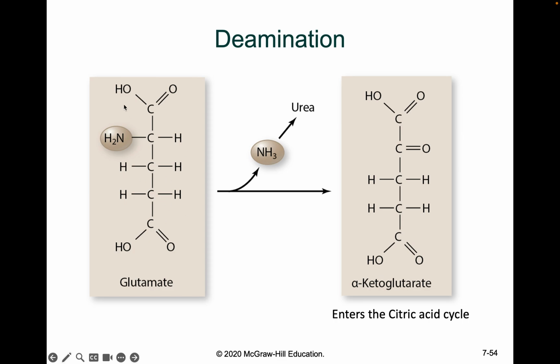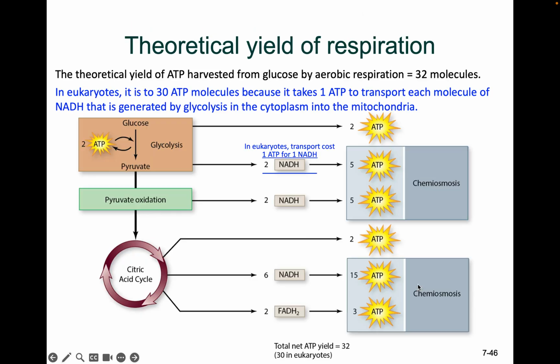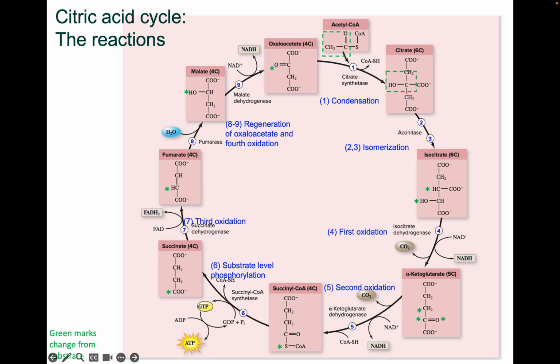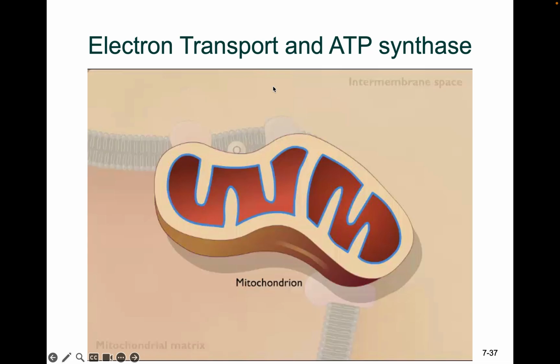For example, glutamate: if we do this deamination, the removal of this amino group, glutamate gets converted to alpha ketoglutarate. Alpha ketoglutarate, where have you heard this? Well, we heard this in the citric acid cycle, remember? So we can deaminate amino acids, which then enter the citric acid cycle to give us NADHs, which we can then use to fuel energy.